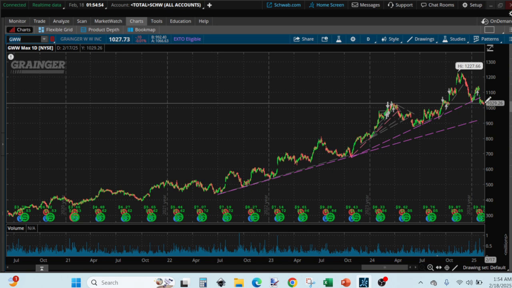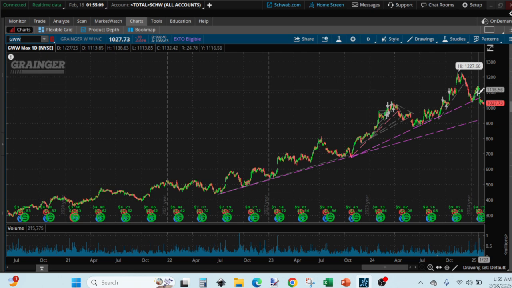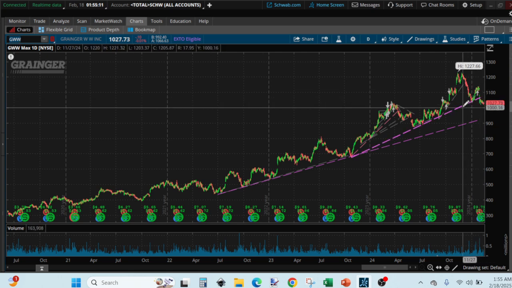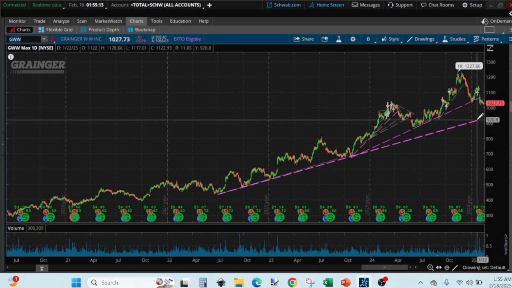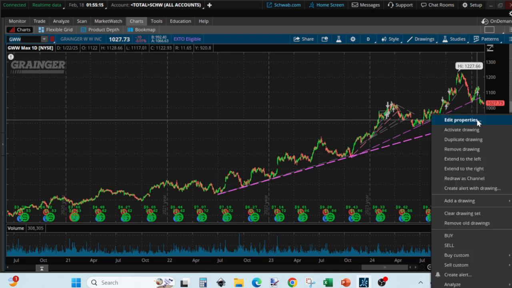I'm seeing February 17 there, so the market was open yesterday. February 17. So the price went down that day, and after we purchased it, the price dropped.